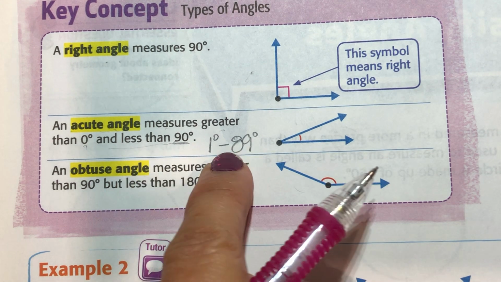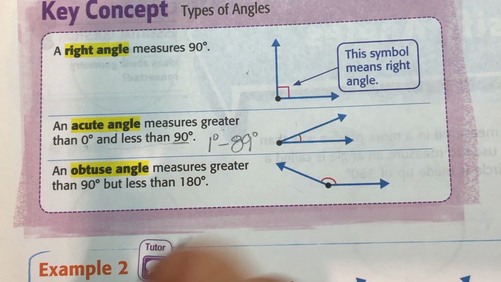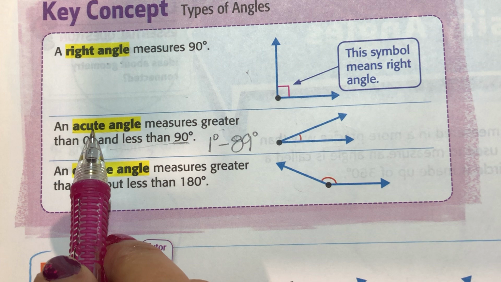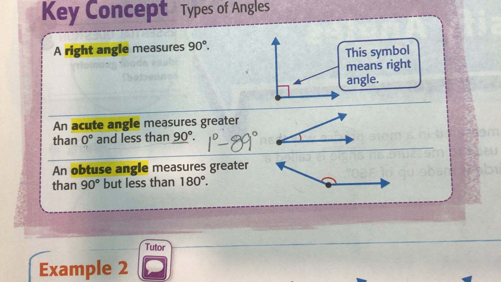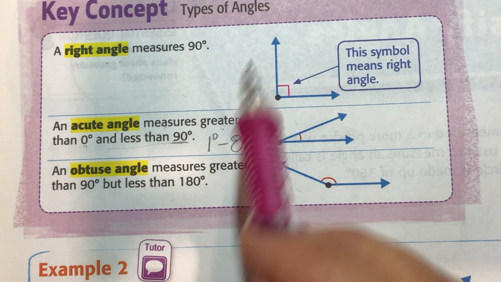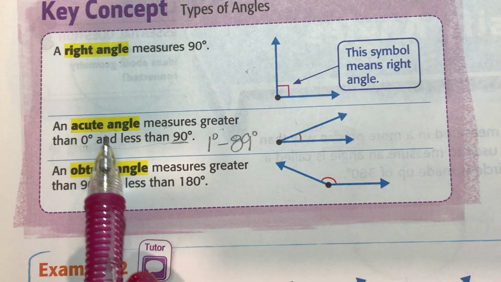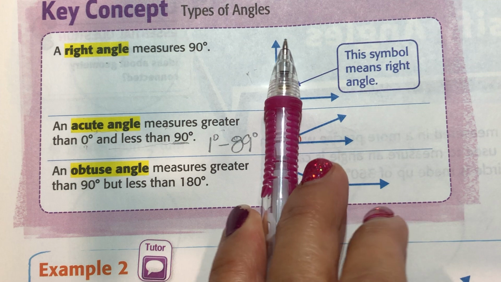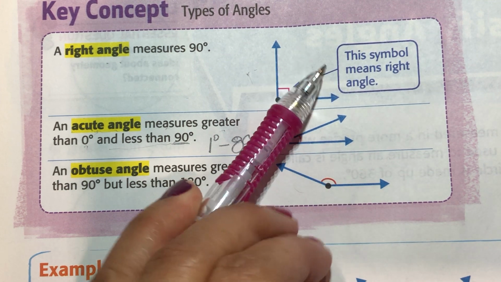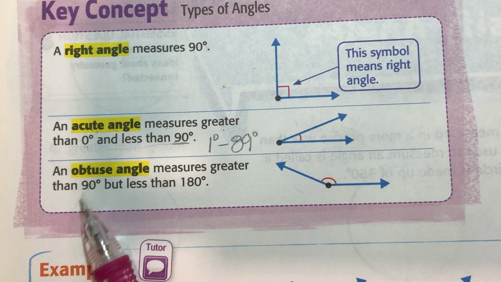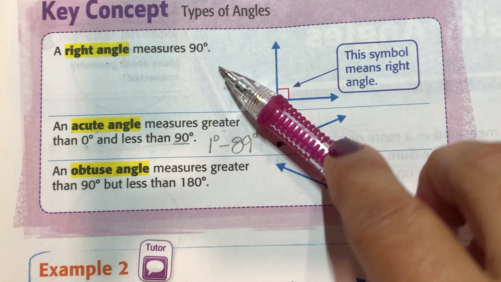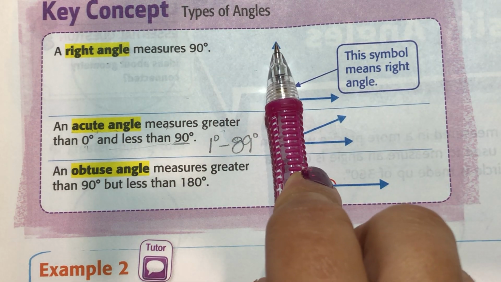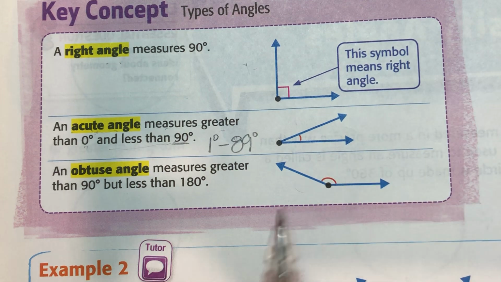Okay, and this angle that's less than the right angle is called an acute angle. So yesterday we were just talking about greater than a right, less than a right. Now these actually have a name. An acute angle would be in between this space, and an obtuse angle is going to be outside of this line right here, outside of this, okay?